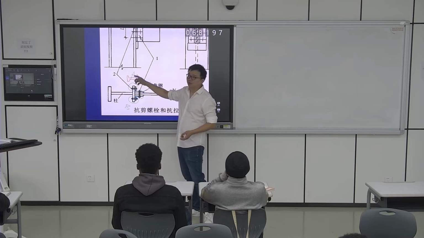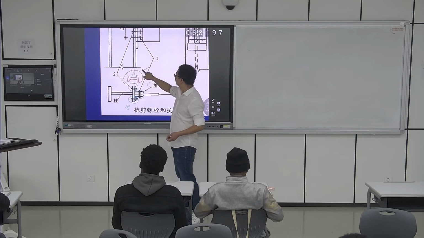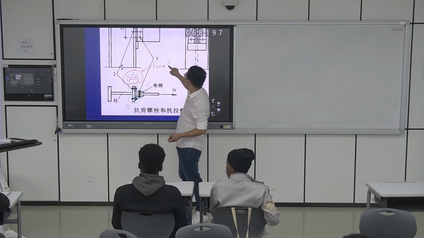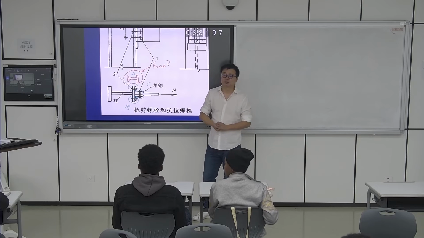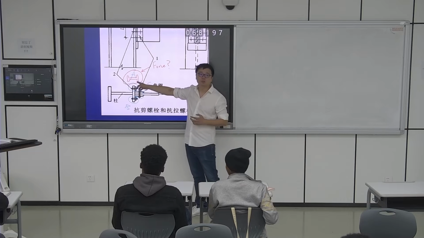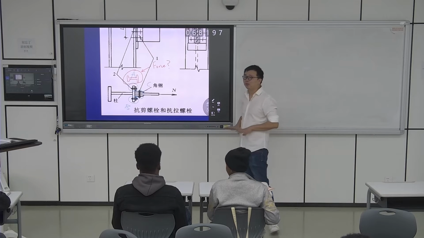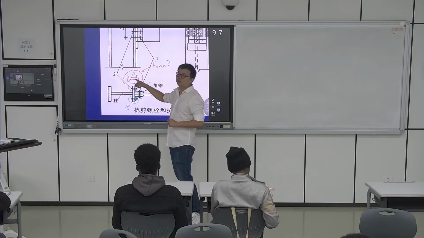So can you analyze for A how the force system, the balance system, in A? Which force is applied on this bolt? Which force is applied on this from here?